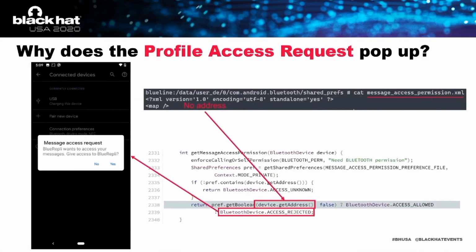So why does the profile access request pop up? For normal use, when we request access to the PBAP or MAP of a remote phone, it will use our Bluetooth address in shared preference to check if we already have the permission. If no corresponding record is found, AOSP will pop up the dialog box.